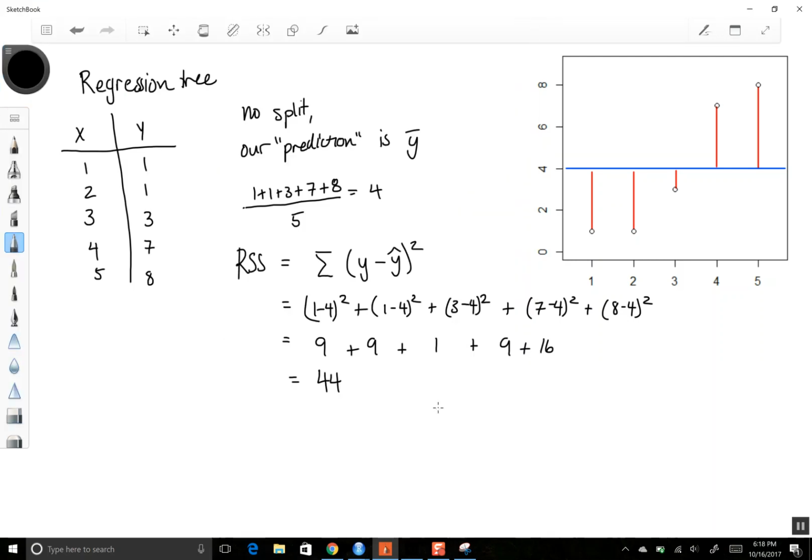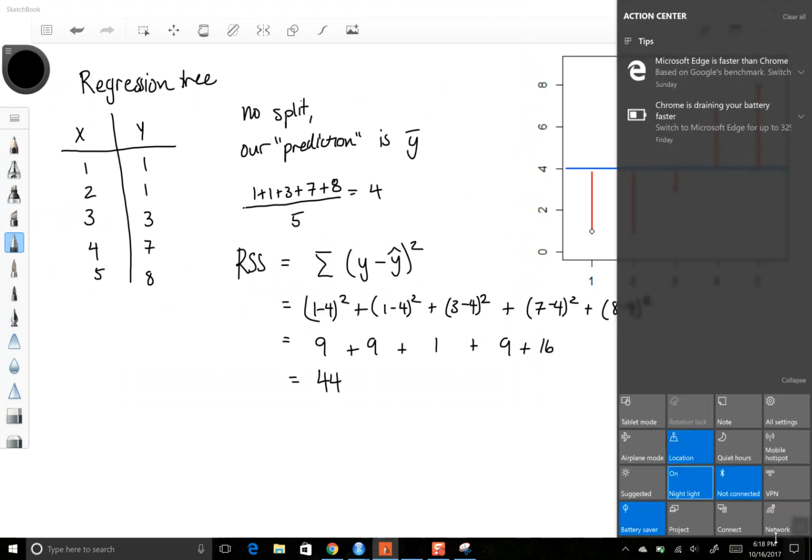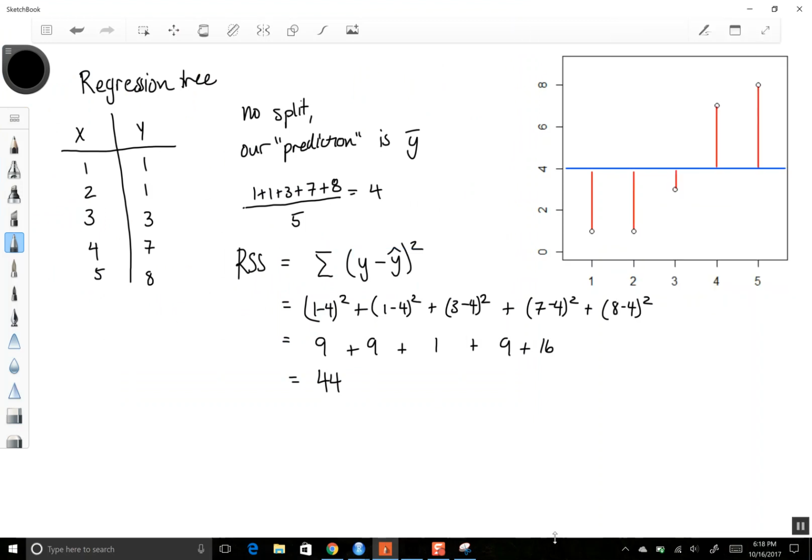With regression trees, we will consider every possible partition on the data. Here I've got 5 data points, so we have a total of 5 possible partitions. Right now, there's already one partition, which is classify everything in the same group.